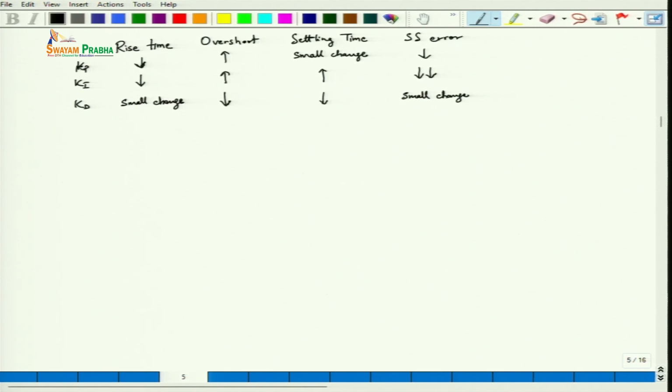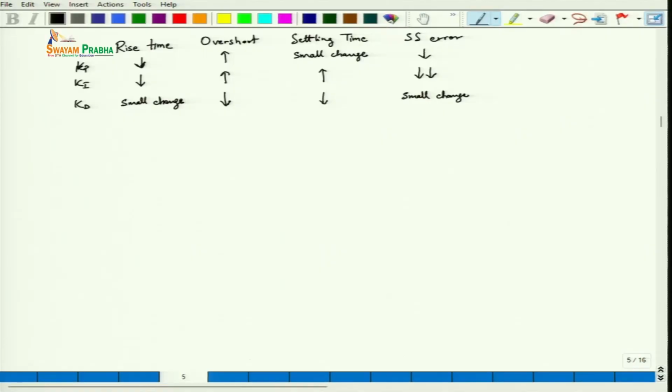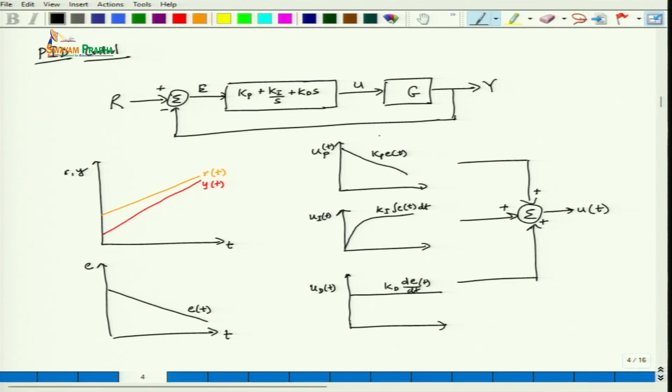Mostly a proportional plus integral controller is used. Derivative many times might not be used. Another reason, leaving aside these time domain specifications, is that if we look at a control diagram, we take the output to generate the error, and this output is obtained from a sensor, and the sensor can have some noise.